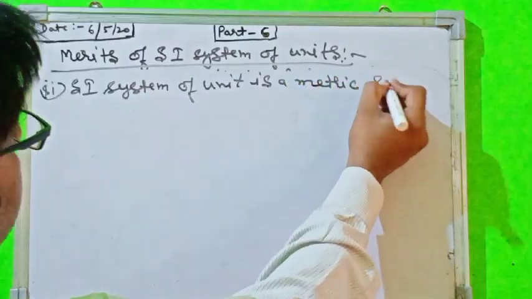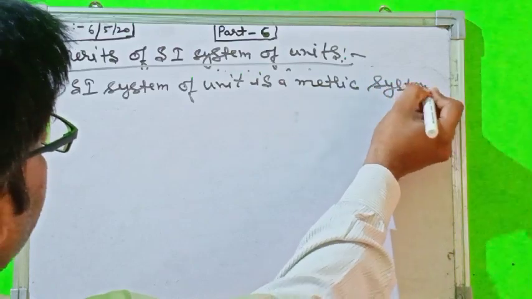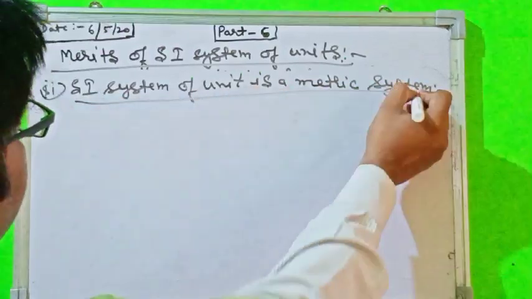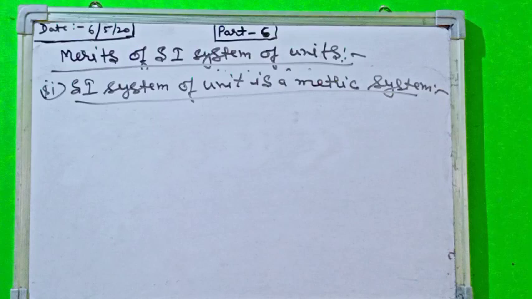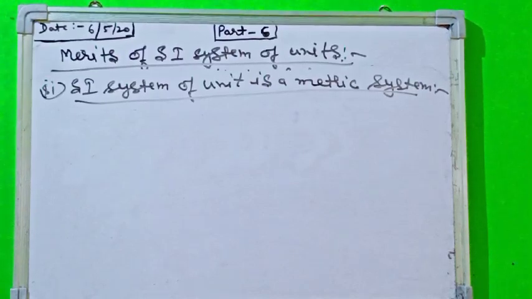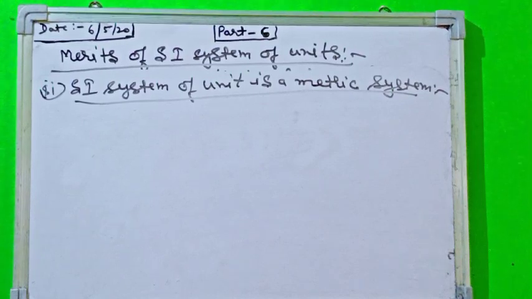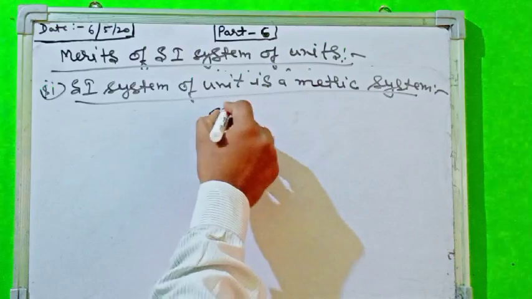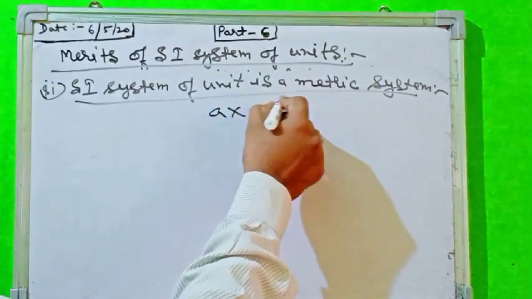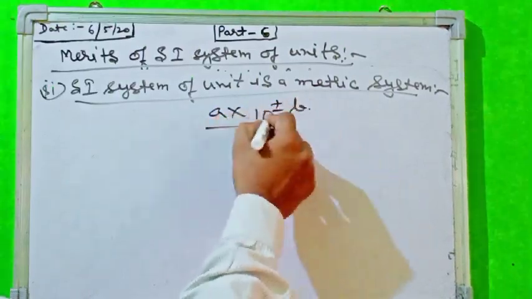What is the meaning of metric system? The metric system of unit means to say that you can express the magnitude or numerical values you obtained in the SI unit as a power of 10, that is A into 10 to the power plus minus B.